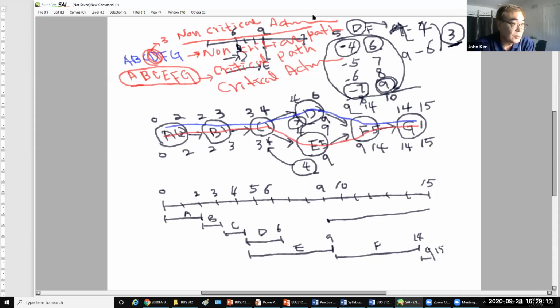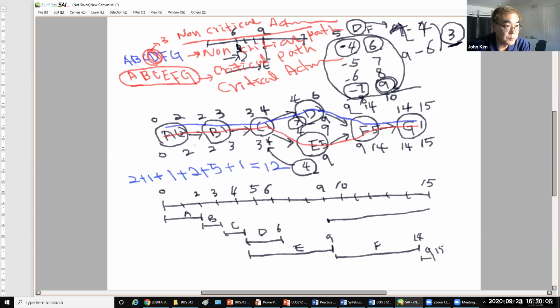There are 2 possible paths, A, B, C, D, F, G, and A, B, C, E, F, G. For the first path, the activity times: 2 plus 1 plus 1 plus 2 plus 5 plus 1 equals 12.